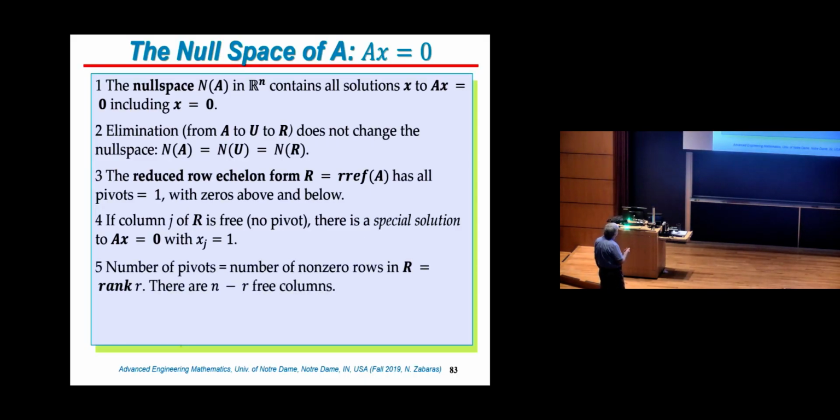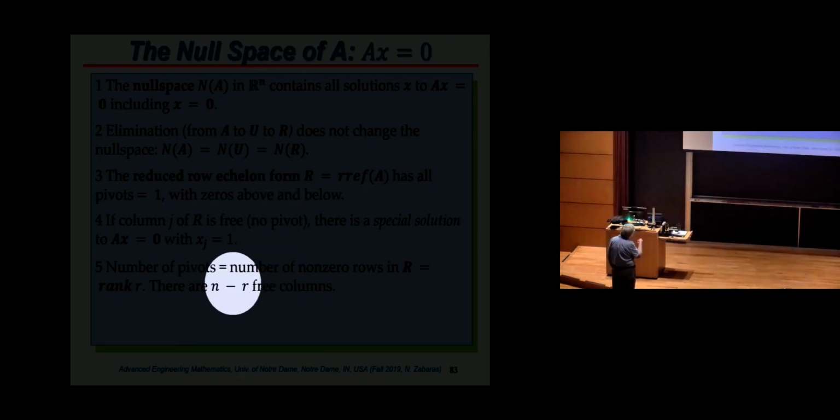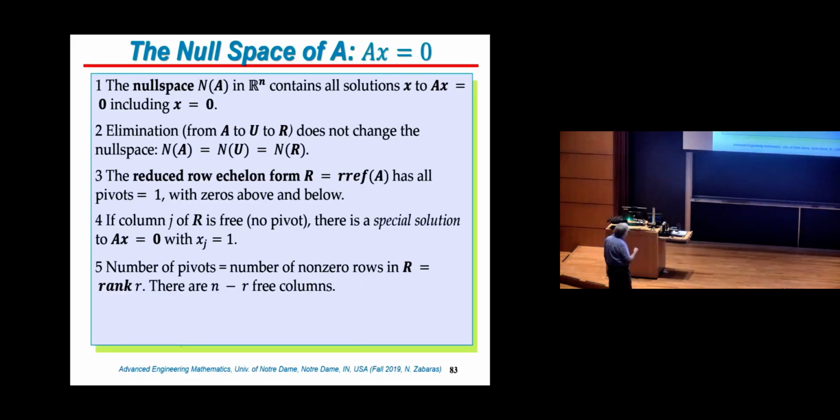Okay? So the number of pivots, we have already seen this, defines the rank of the matrix. And the remaining number, n minus r, is the number of free variables or free columns. And n minus r is going to be the dimension of what space? I remember I had a slide in the past that I threw at you with that concept.